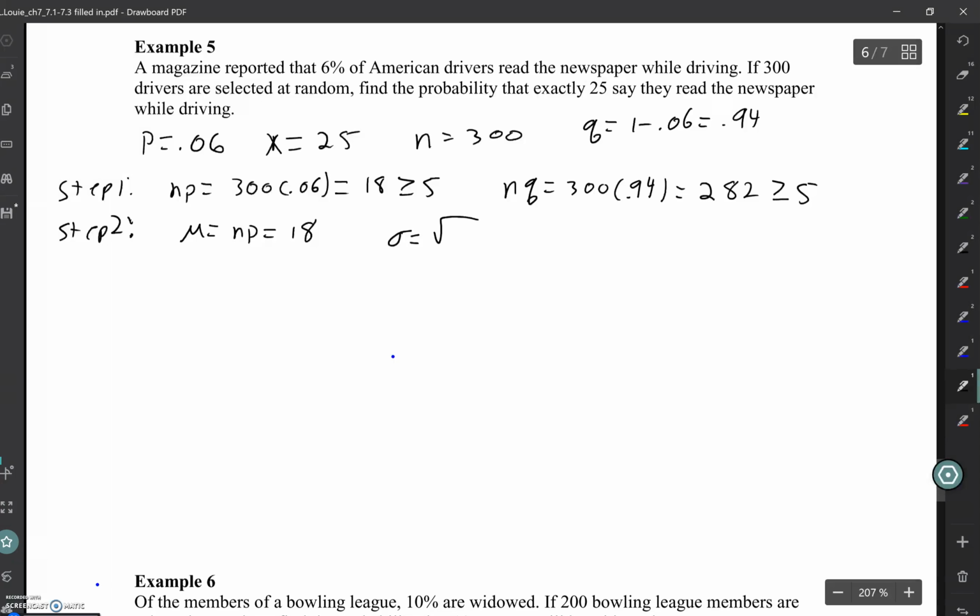And how do we find the standard deviation of a binomial? Square root of n times p times q. So square root of 300 times 0.06 times 0.94, from right here where we do 1 minus our p.